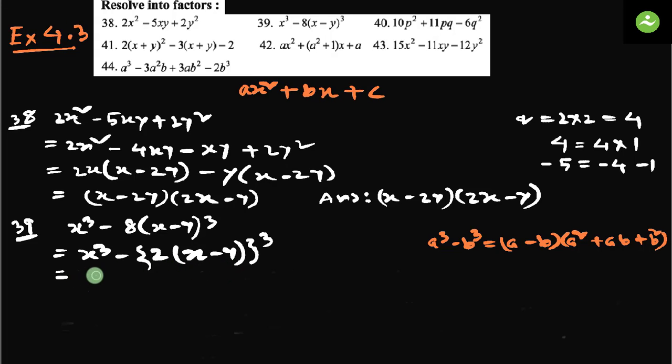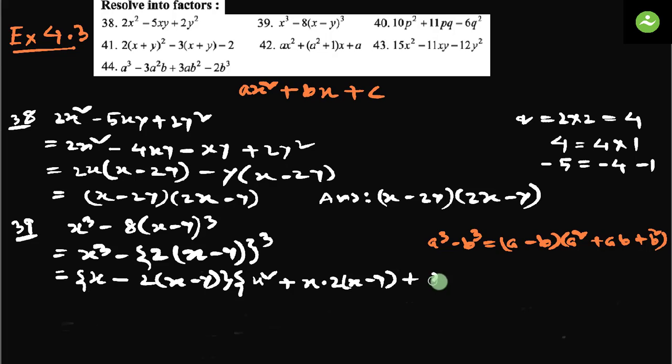So x minus 2 into x minus y, this is a minus b, into, now a square means x square, plus ab, which is x into 2 into x minus y, plus b square, means 2 square into x minus y whole square, second bracket.